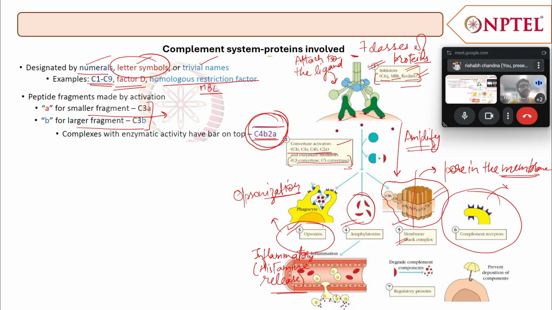Then we have the complement receptors, the sixth class. The complement receptors basically help in activating the functions of complement. And then we have the regulatory proteins, the seventh class, that degrade those components when they are not needed.